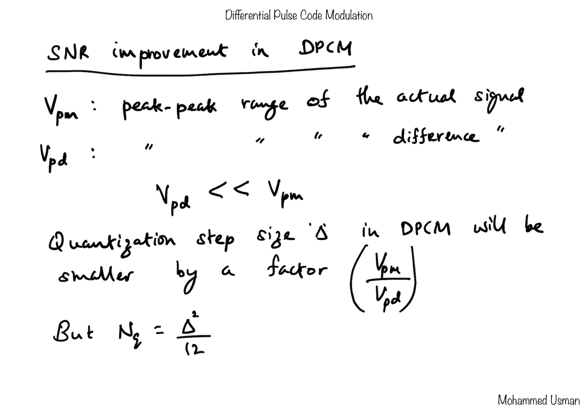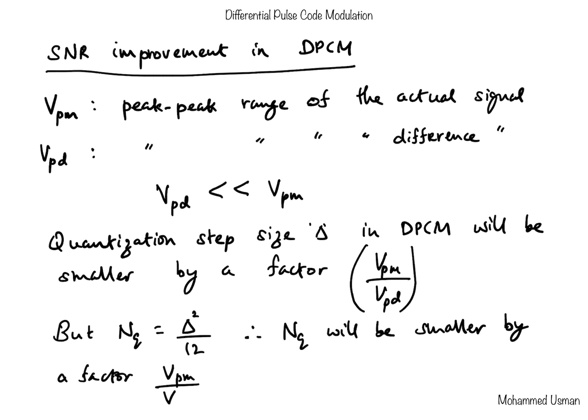So therefore NQ will be smaller by a factor VPM by VPD the whole square. So that's the factor by which we will get a benefit.